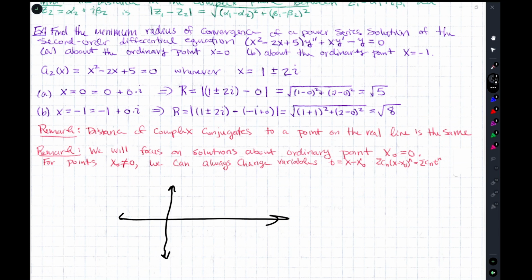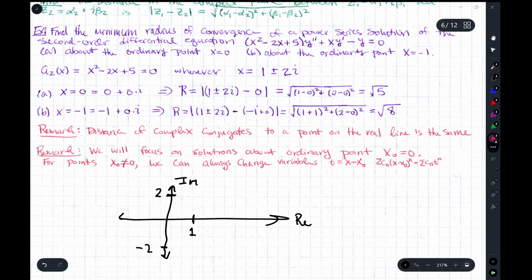So where are our singular points? Here's the real axis, here's the imaginary axis, here's 1, here is 2, and here is minus 2. Then our singular points are at 1 plus 2i, so this is 1 plus 2i, and this is 1 minus 2i.